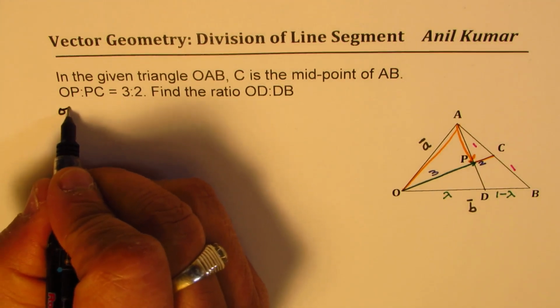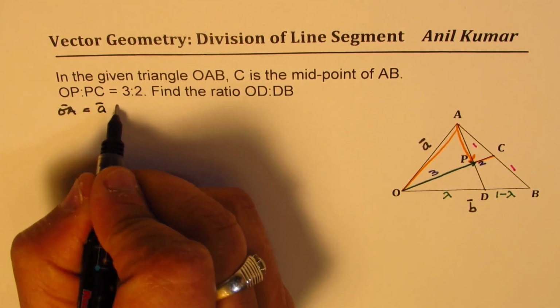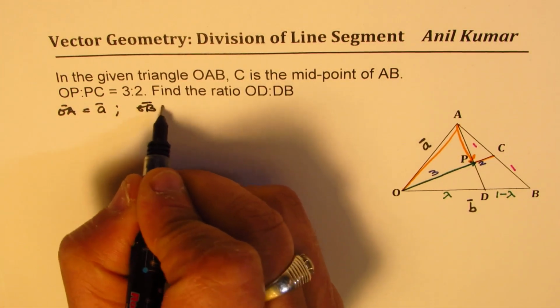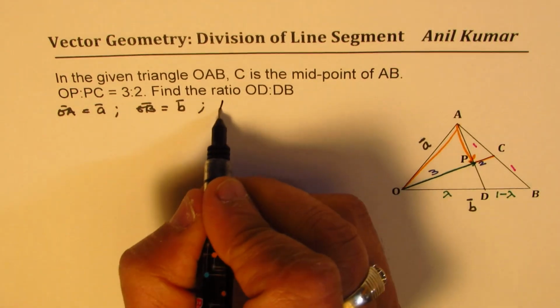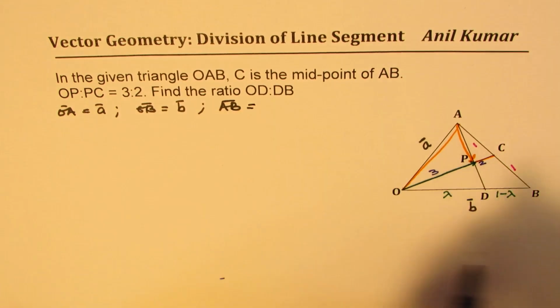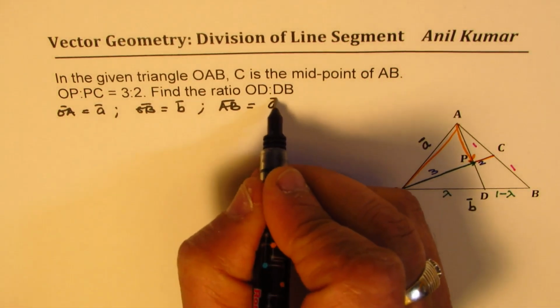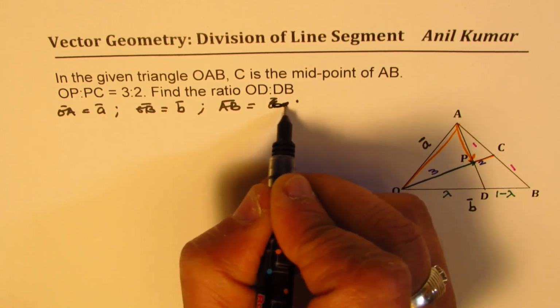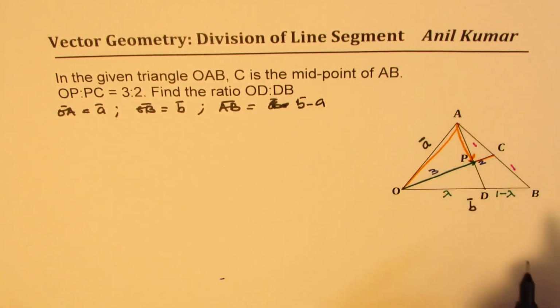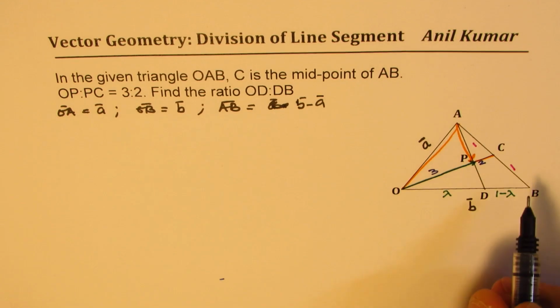So we have OA as vector A, OB as vector B. So we have A to B as B minus A, right? B minus A.